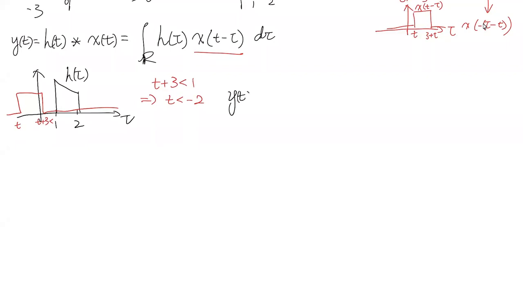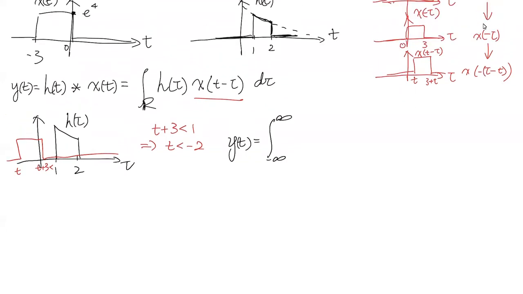So y of t is an integration from negative infinity to positive infinity, and the first function is h of tau here, and this is x of t minus tau. Let me write it: x of t minus tau.